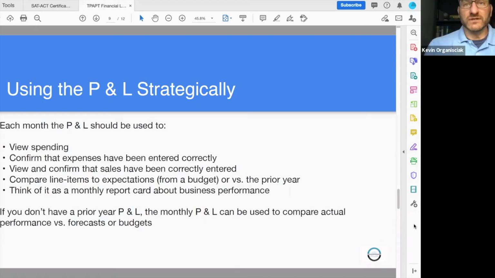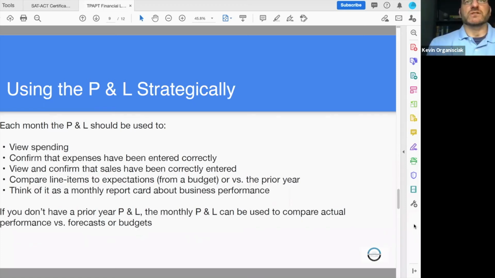It will also help you double check your sales. You want to make sure that the revenue that you're recognizing was processed correctly. And we talked about it'll allow you to compare line items from the prior year. And I like to think of it as a monthly report card, so to speak.